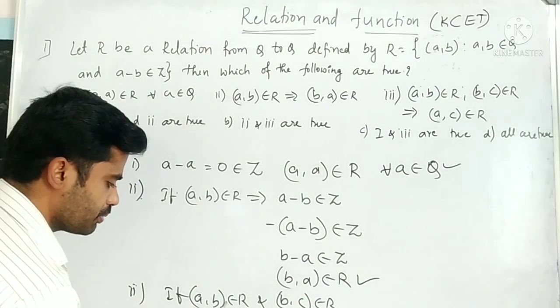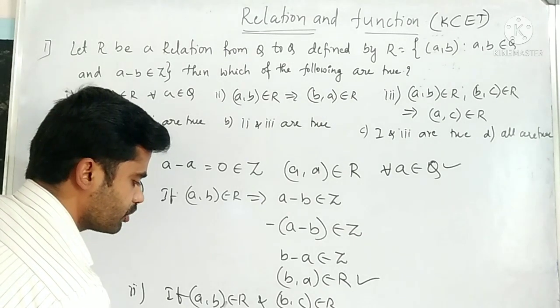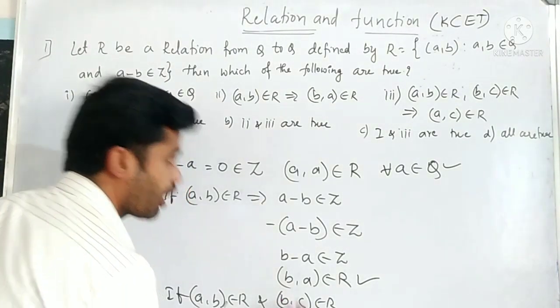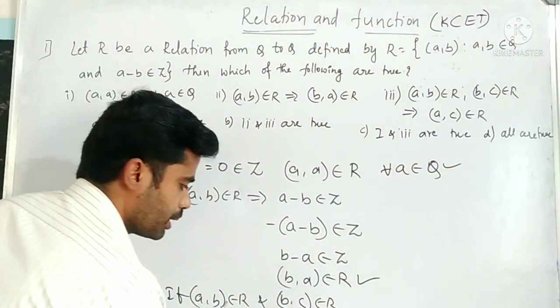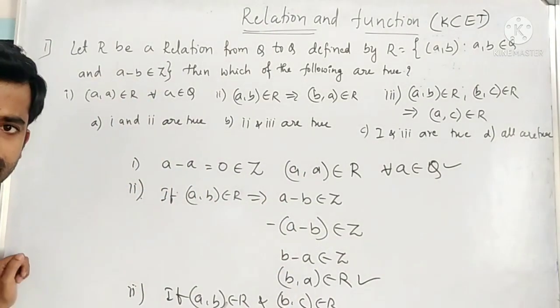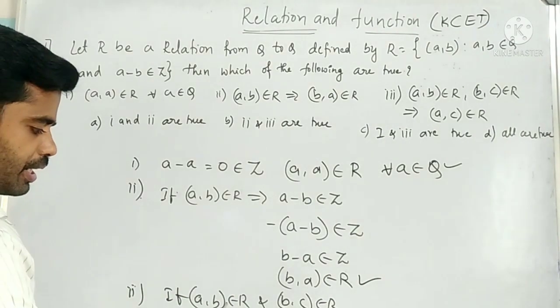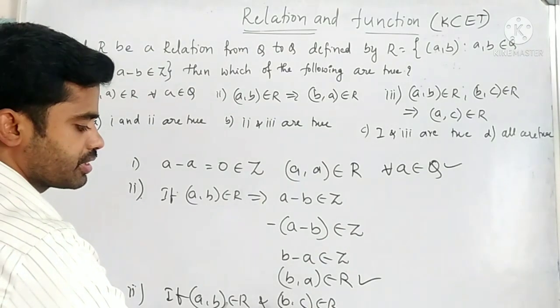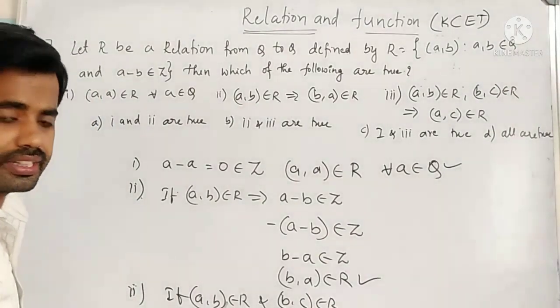What is the meaning of this? a minus b belongs to the integers. Now, according to the definition of the relation, b minus c belongs to the integers. So (a, b) belongs to the relation means a minus b is an integer, and (b, c) belongs to the relation means b minus c is an integer.